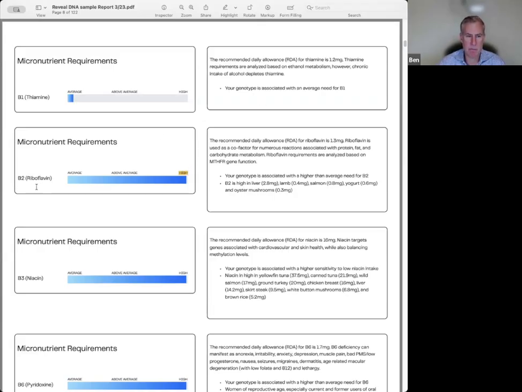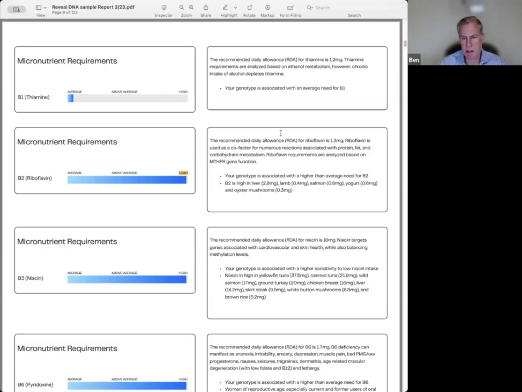And for example, right here, B2 riboflavin, this person has a genotype associated with a higher than average need for B2. Now, one reason is given here for the report, says riboflavin requirements are analyzed based on MTHFR gene function and how our body utilizes B2. So this person, based on this entire test of 92 genes and SNPs, needs a high amount of B2 in their diet.